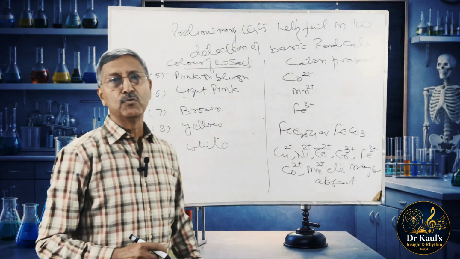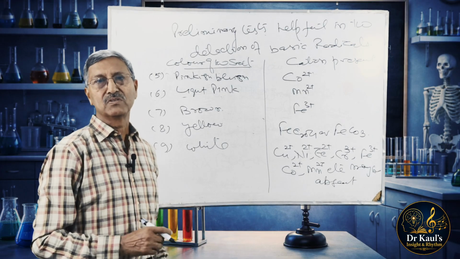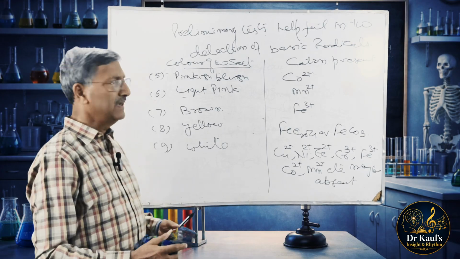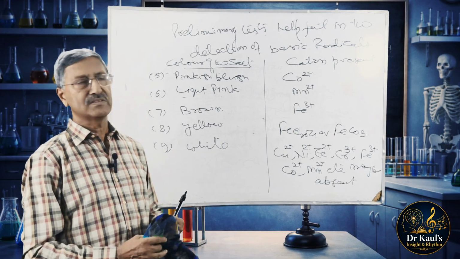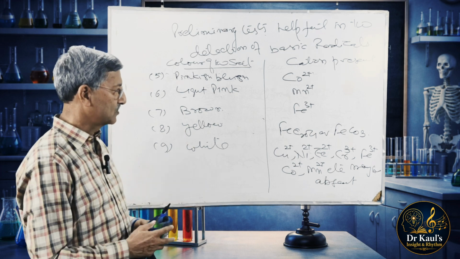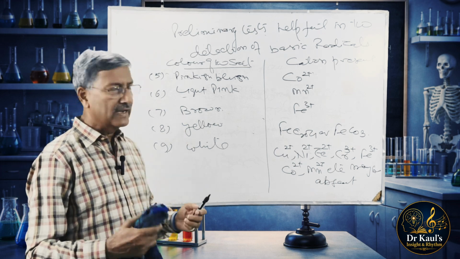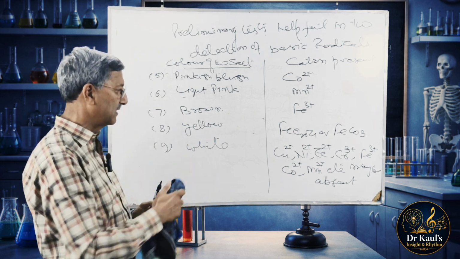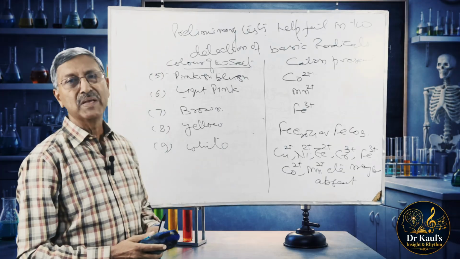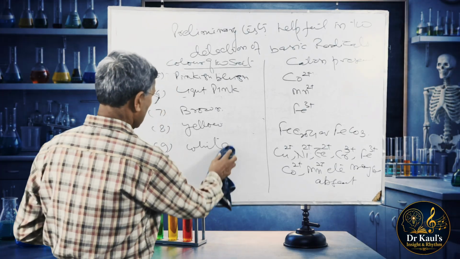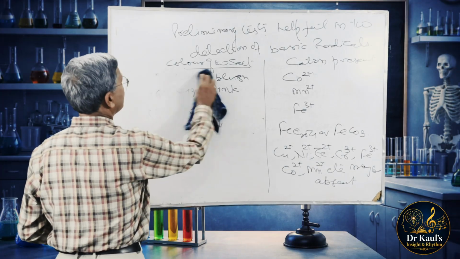You see, we use the words may be absent because these are preliminary or indicative tests. These are not confirmatory tests. Sometimes a salt may have a very, very light color and it may get masked in the mixture. So we say that it may be absent. Now, this was the first observation, that is color.